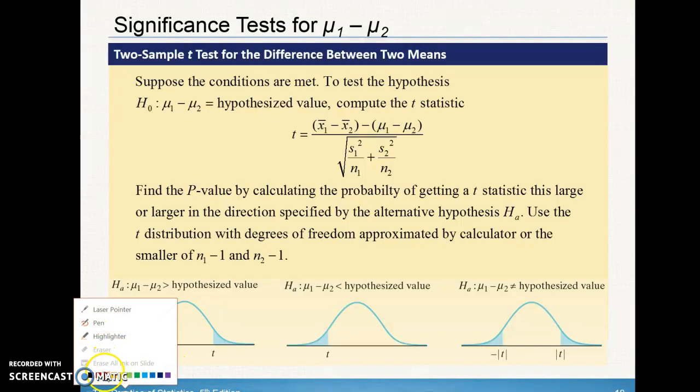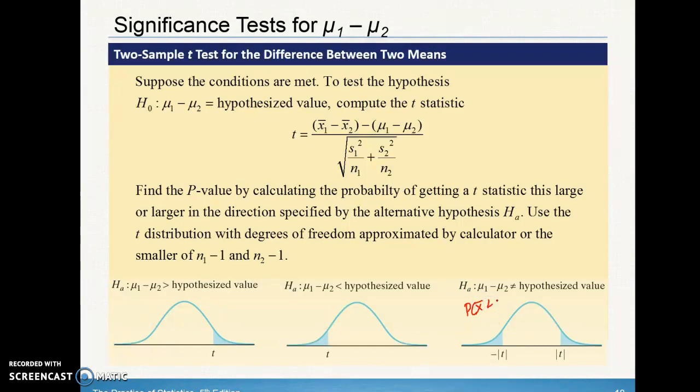So your 2 probability statements are going to be the probability that T is less than negative 1.5, which would be down here, and then the other one is the complete opposite, the probability that T is greater than a positive 1.5. So these are going to be the same values, they're just going to be opposite signs of each other.